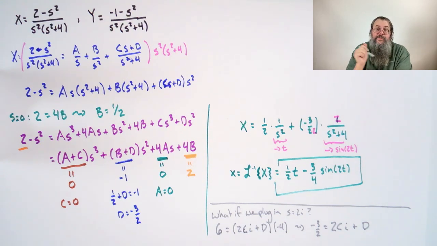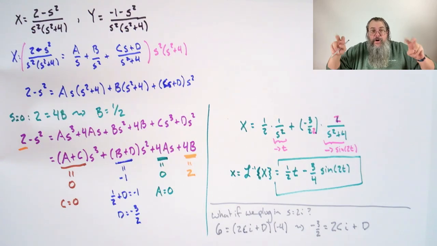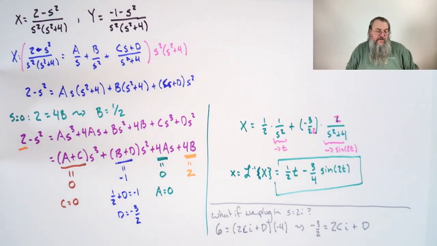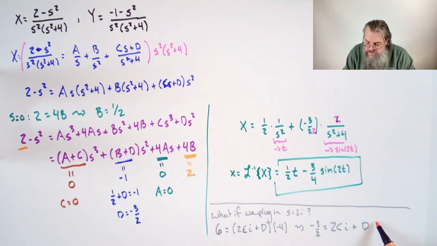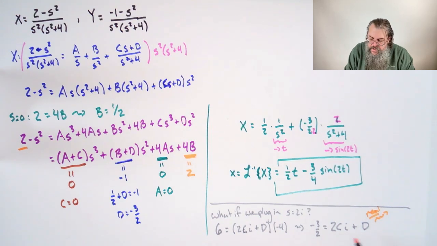What that allows us to do is to say, well, we'll take the real parts and the imaginary parts of both sides, so that this actually splits into 2 equations. So the real parts would say minus 3/2 has to equal d.